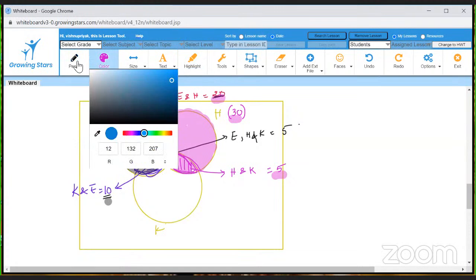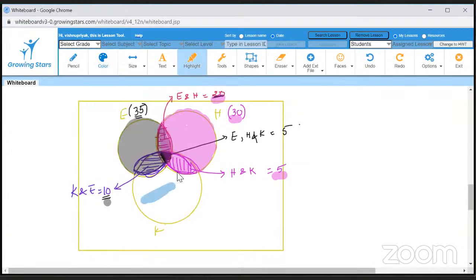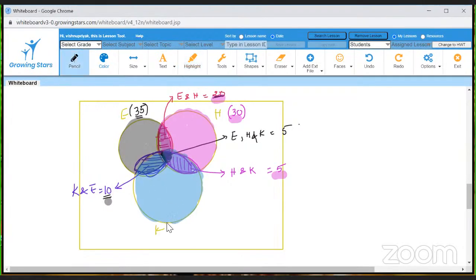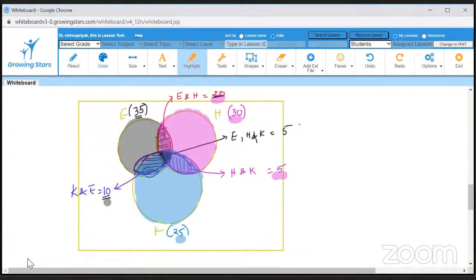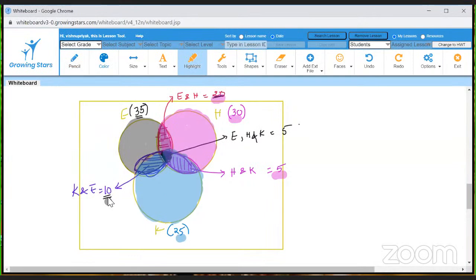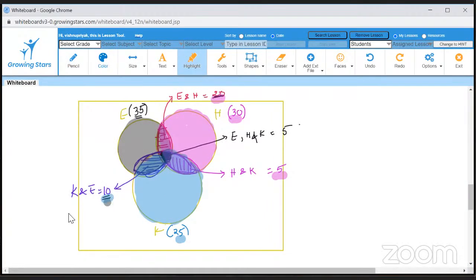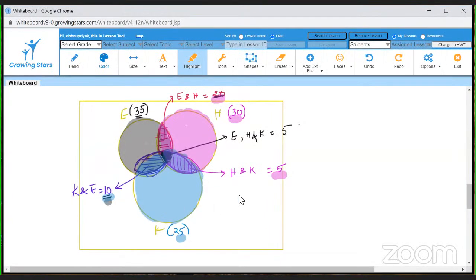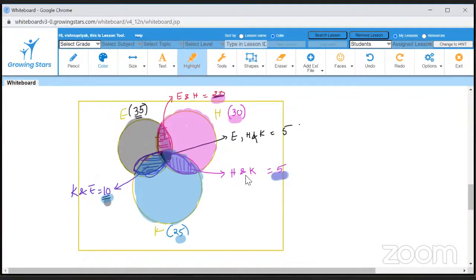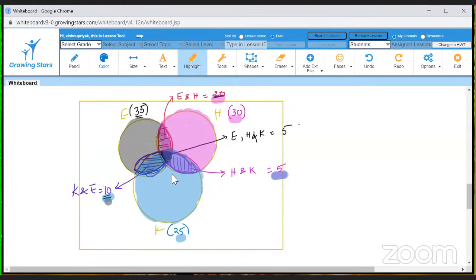Next. Now I will circle this one, Kannada. Suppose Kannada speaking people are 25. Out of this 25, 10 people speak Kannada and English, and 5 people speak Kannada and Hindi.